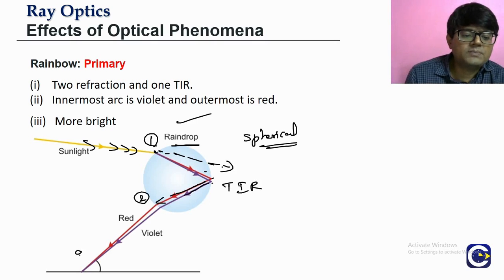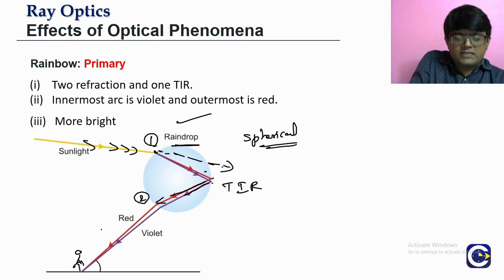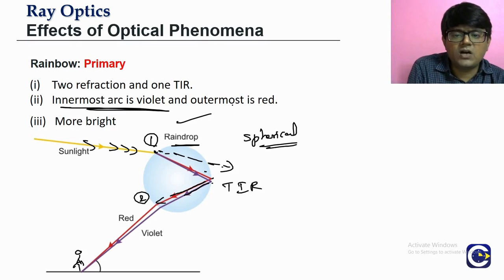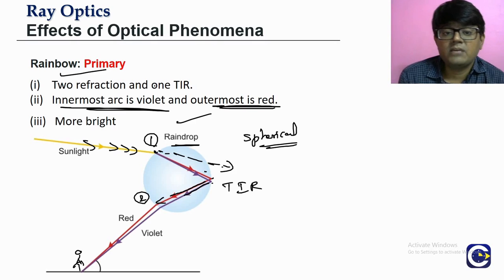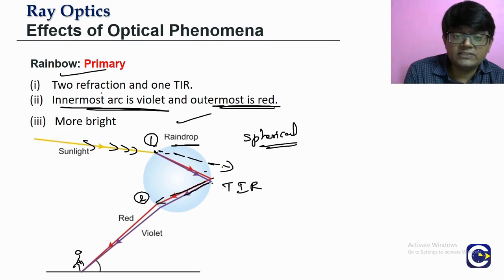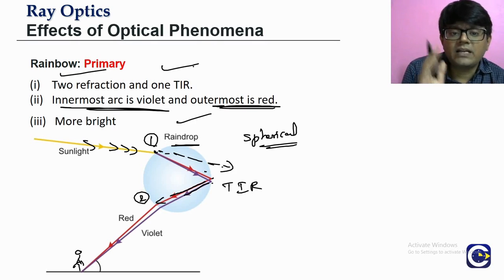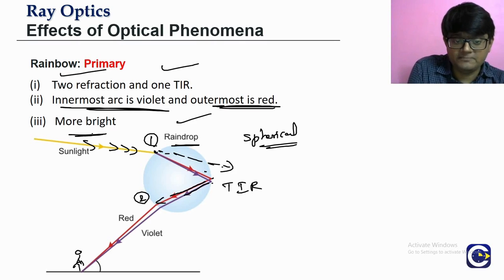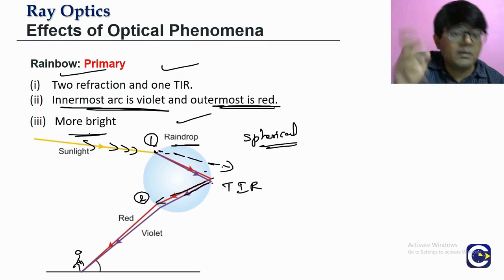You, the observer here, what will you be able to see? You will see that the red arc is at the top and violet is at the bottom, the innermost. So the innermost arc is violet and the outermost is red. What is the reason for the primary rainbow formation? Two refractions and one total internal reflection. Here we are saying the primary rainbow is bright, in comparison to the other one.